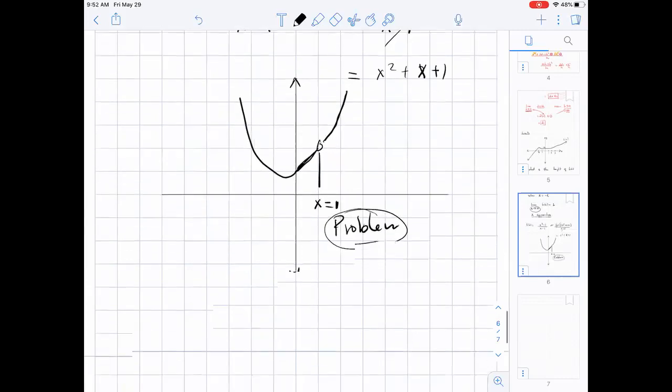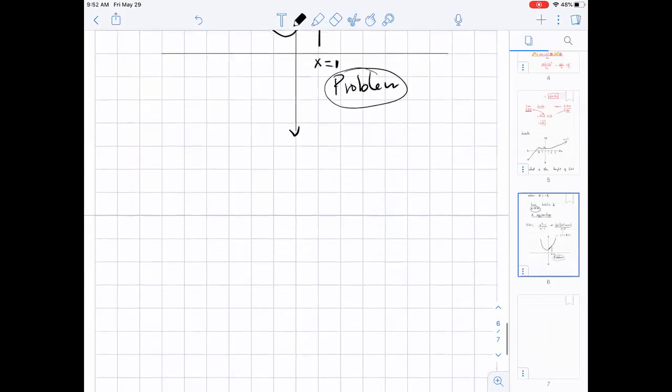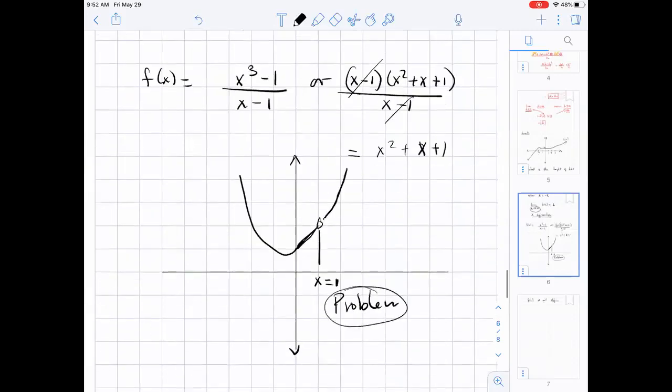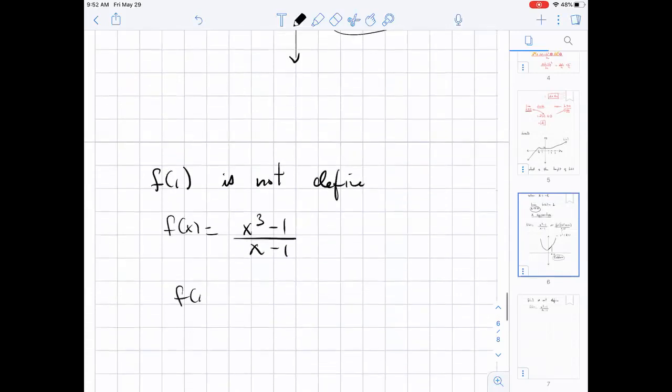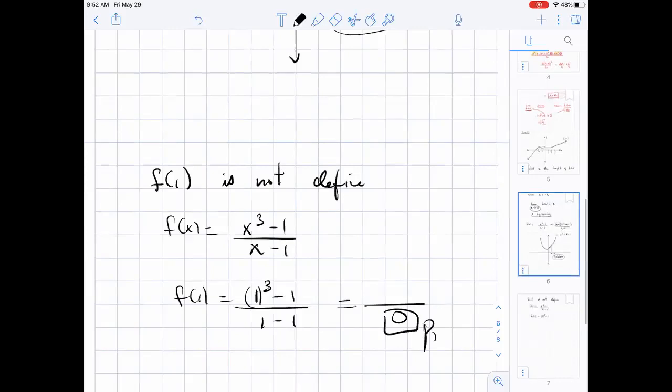Now, if I ask you, what is f of 1? f of 1 is not defined, right? Because f of x is equal to x cubed minus 1 over x minus 1. f of 1 is 1 cubed minus 1 over 1 minus 1, which is something over 0, problem.